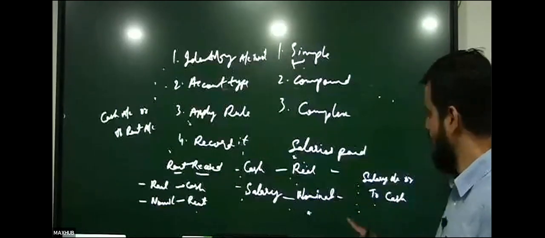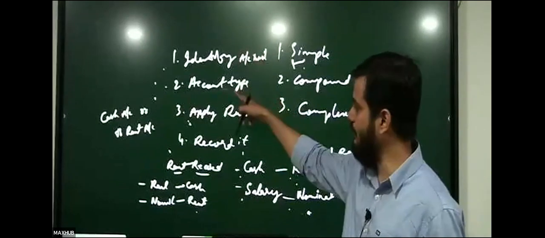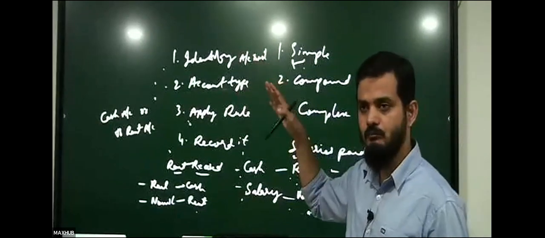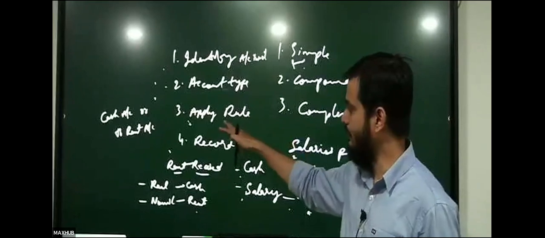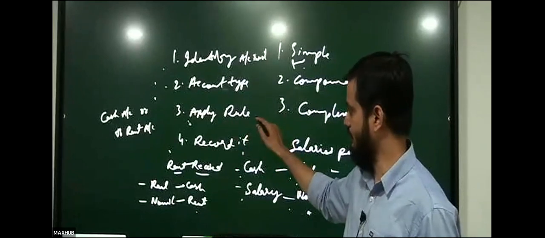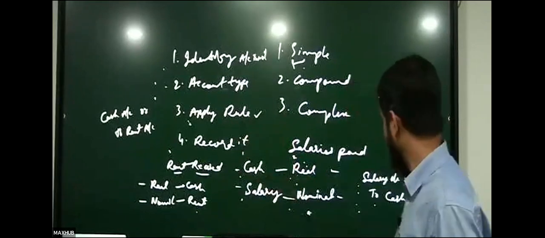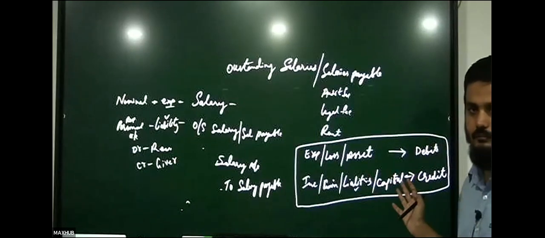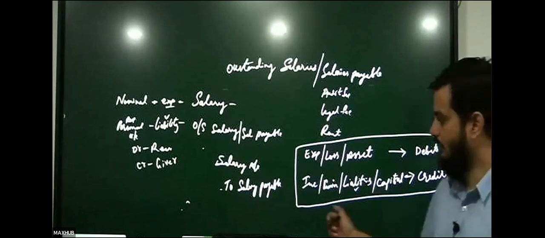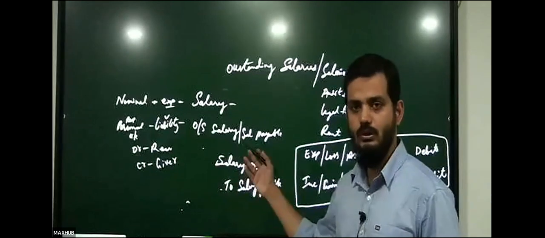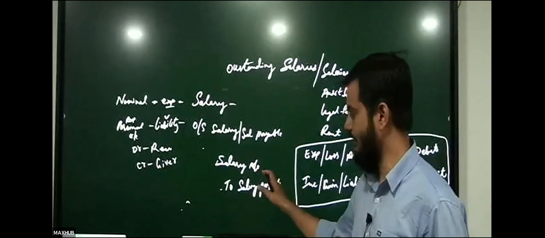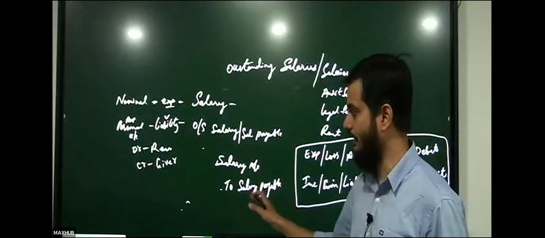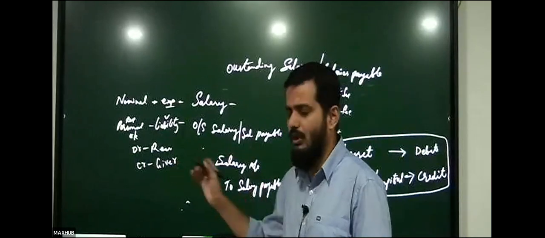If you are confused and don't know how to apply the logic in the last step, up to three steps you are good; they can easily be identified and sorted into the accounting rules. Here this table has come, which is helping us. For the salary account, we were able to apply the logic and write on the debit side. For the credit side, we were not clear.